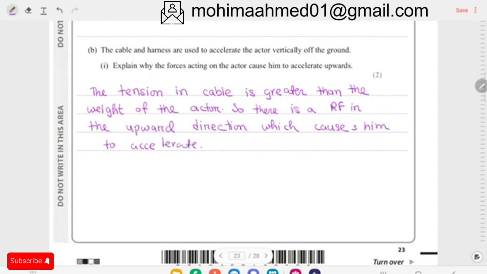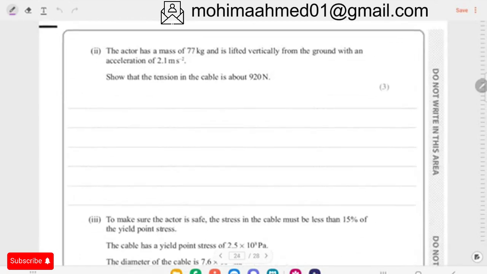Okay, so that is it for question 20B1. We'll move on to the next part.